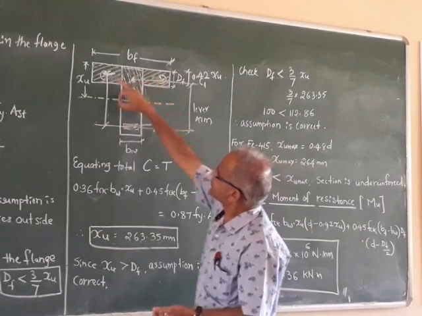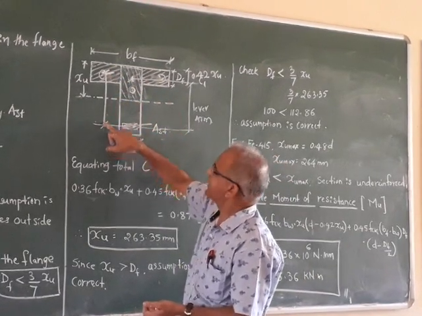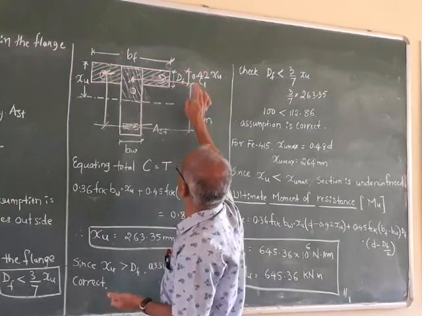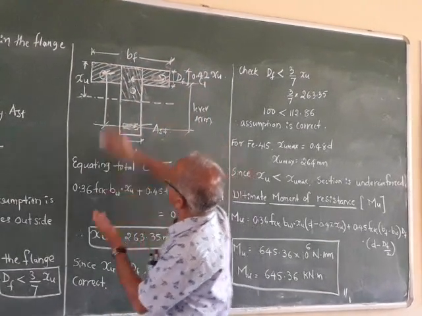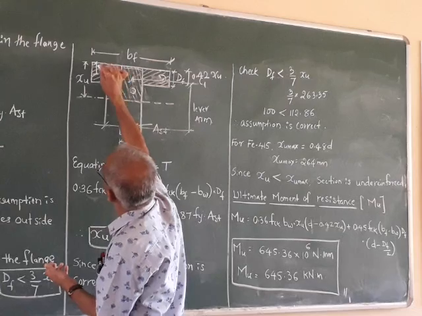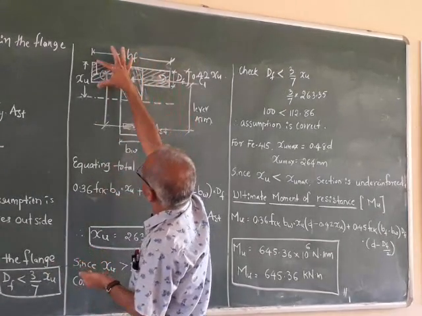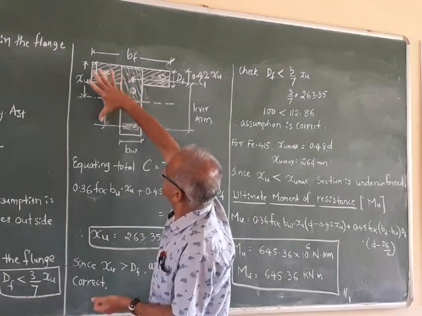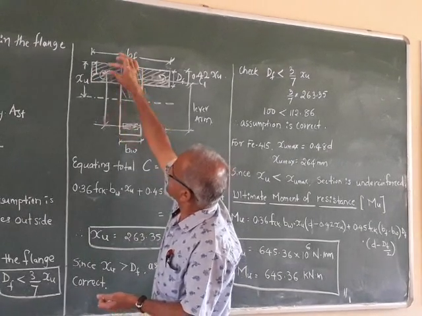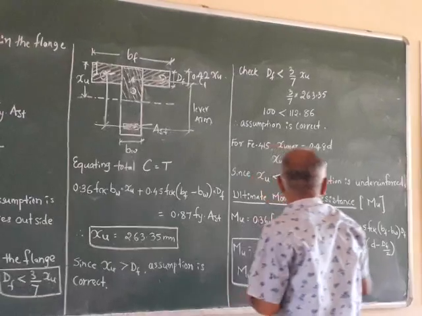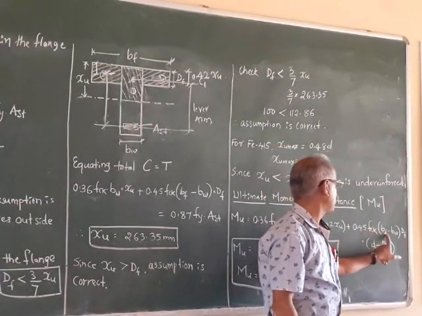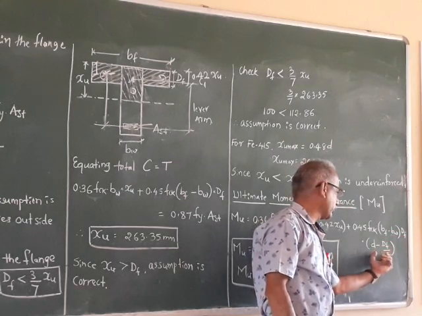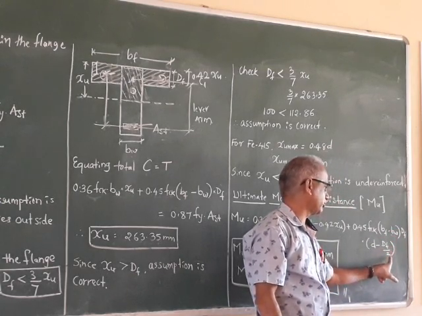Total is d, from here to here is d, minus this half, that is DF upon 2. So the lever arm is d minus DF by 2. So we have written 0.45 FCK BF minus BW into DF, this is force C2, into lever arm d minus DF by 2.